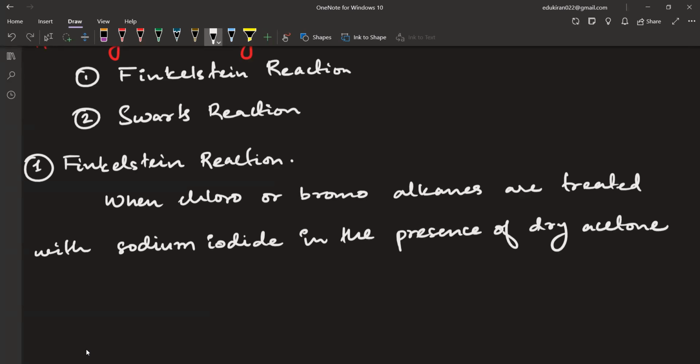Dry acetone is just a solvent. Why are we using dry acetone? Because sodium will be in the form of sodium positive and it will react heavily with water if we have any moisture. So dry means there is no moisture present. In the presence of dry acetone, it forms iodoalkane.